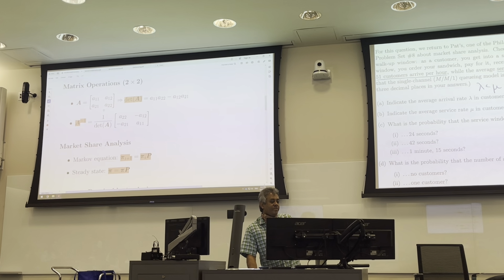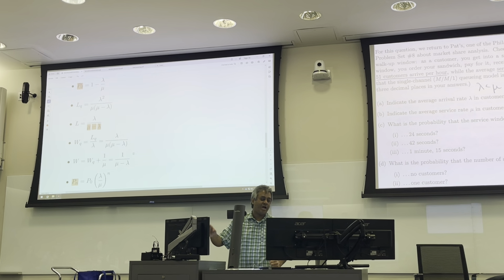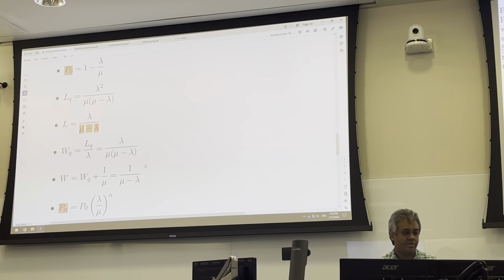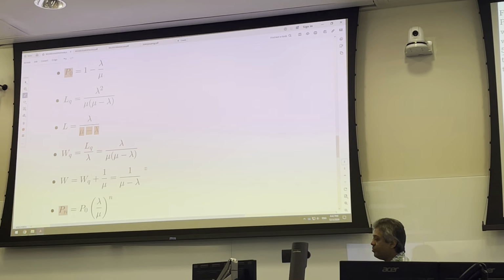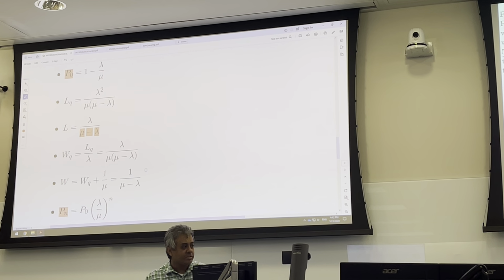Keep in mind that two of the operating characteristics are the probabilities of either 0 or n units in the system. They are probabilities, but they are operating characteristics. They're not arrival probabilities or service time probabilities; they're functions of both. So if I were to ask you about a probability on the free response, it would be one of these probability formulas.